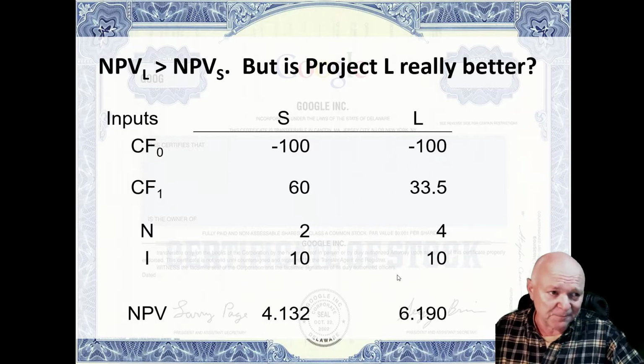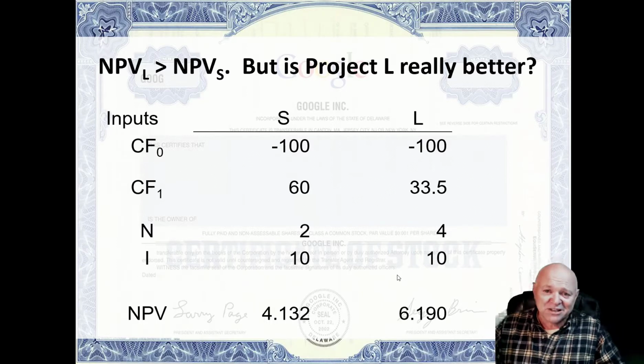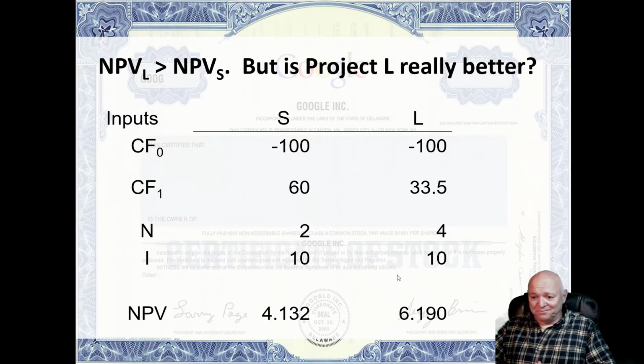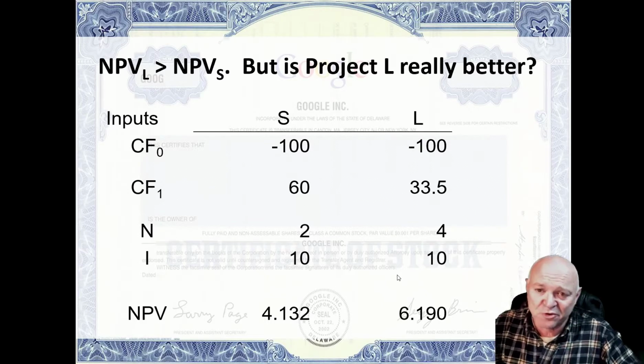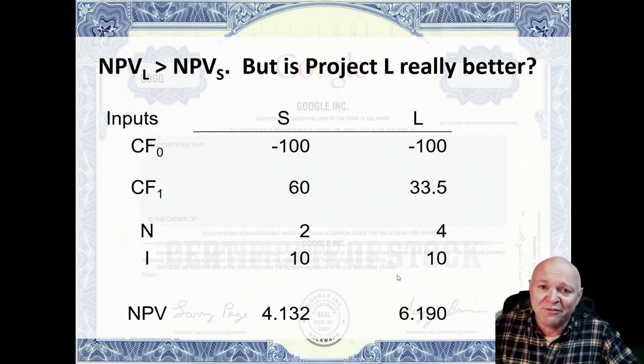But here's the thing. If we invest in Project L, we're going to earn that money on our investment over those 4 years. If we invest in Project S, we work for 2 years. What do you do for the next 2 years?